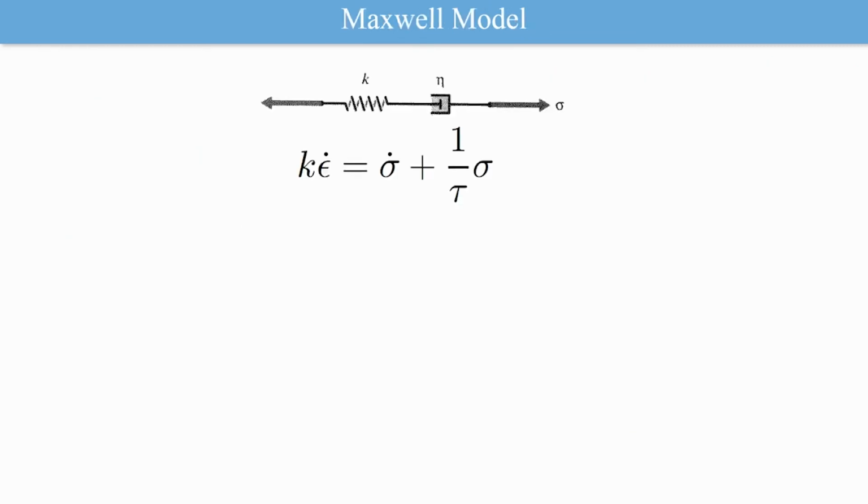Now, we move towards the different models that we use for this kind of application. Basically you know Hooke's law, where force F is equal to kx, where k is the spring constant.